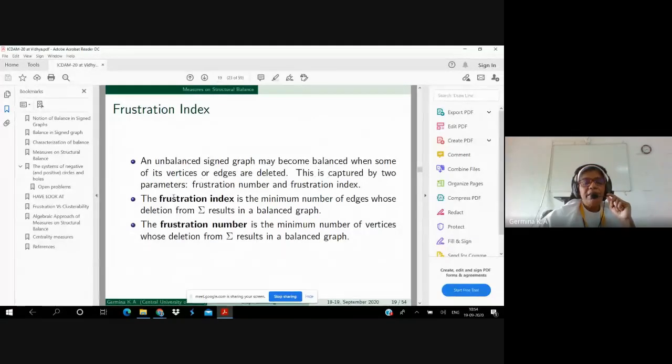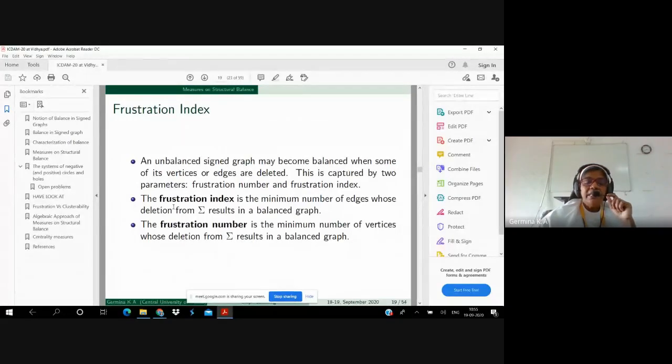This is captured by two parameters, frustration number and frustration index. The frustration index is the minimum number of edges whose deletion from sigma results in a balanced graph. Then what is the frustration number? It is the minimum number of vertices whose deletion from sigma results in a balanced graph.